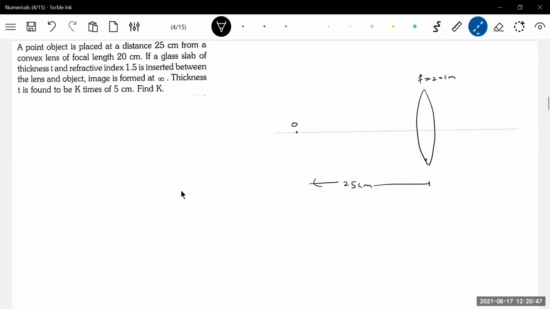Now I'm going to bring a glass slab. So what this glass slab will do: after refraction, the rays should become parallel here.